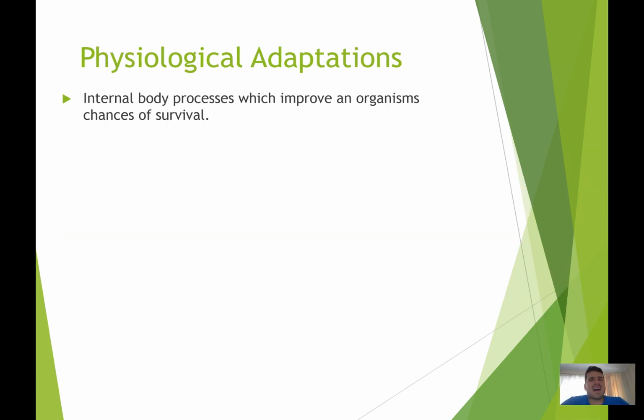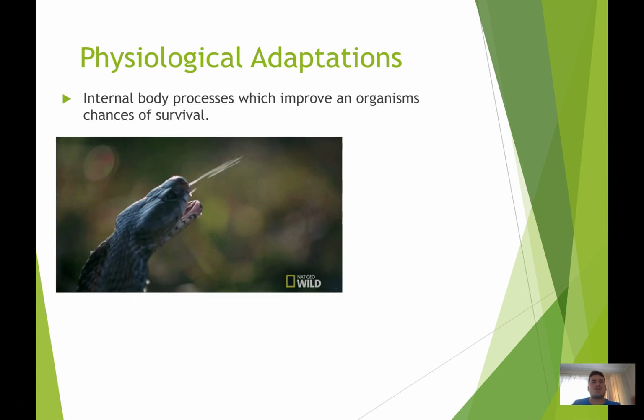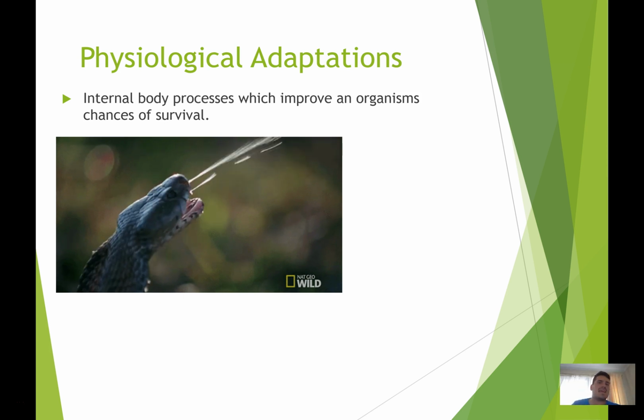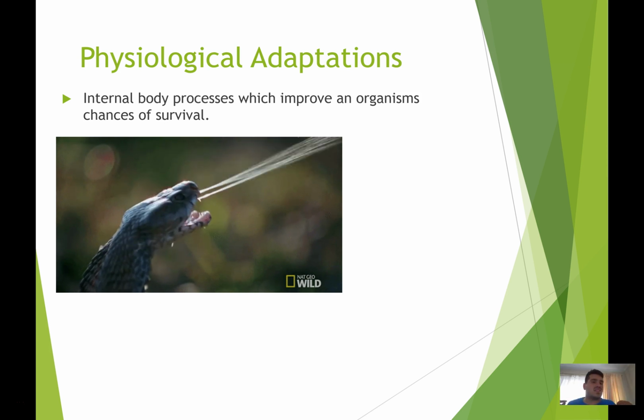Physiological adaptations, I find, are the hardest type to understand, but they're just internal body processes. They're things that happen in our body, that we can secrete or use to improve an organism's chances of survival. The best example of physiological adaptations is venom, such as in snakes, and poisons, such as in frogs.